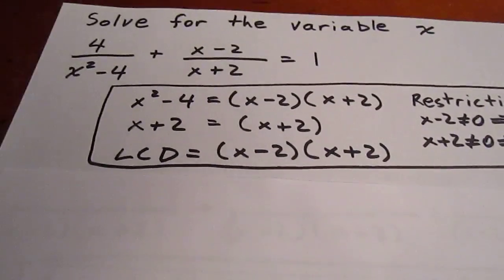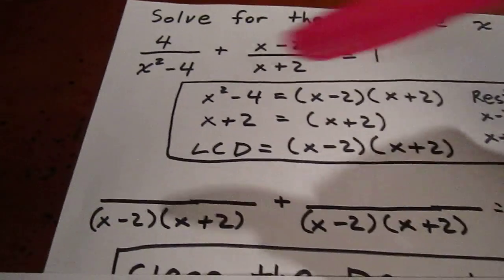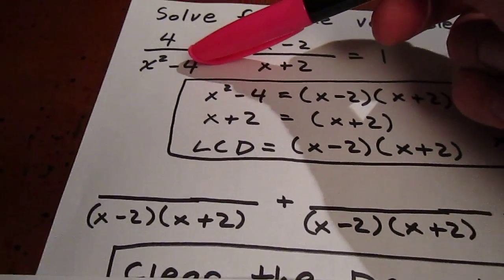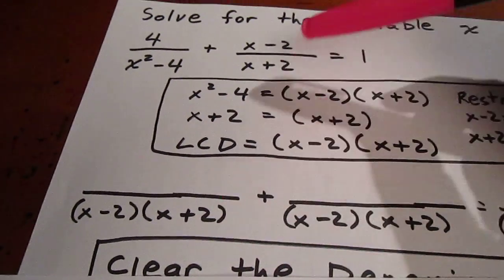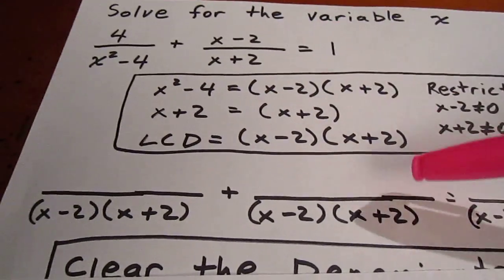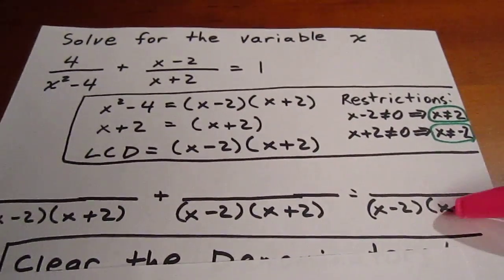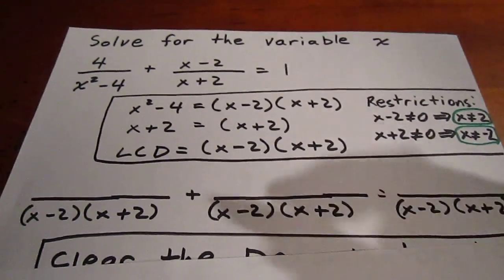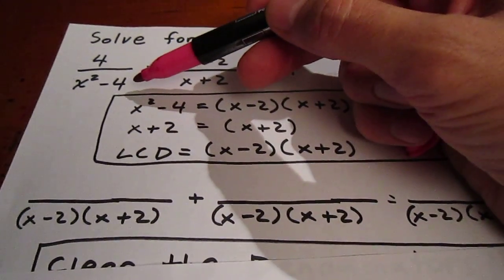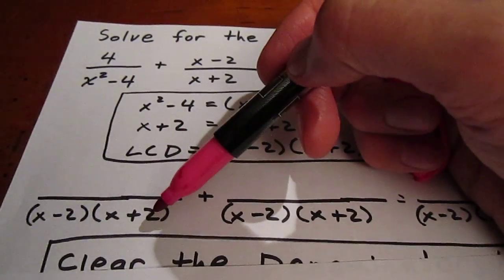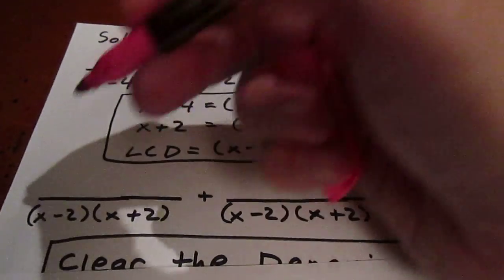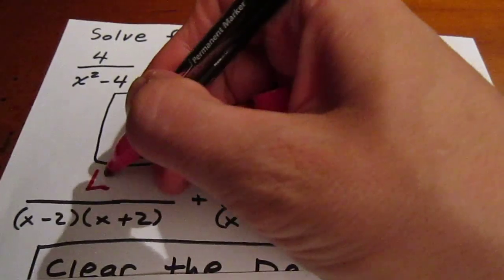Okay, so moving on with the question then, we restate our first denominator as x minus 2, x plus 2, and we restate our second denominator as x minus 2, x plus 2, and our third denominator as x minus 2, x plus 2. And now we ask ourselves, what did we multiply x squared minus 4 by to get x minus 2, x plus 2? The answer is 1, so we multiply 4 by the same amount.